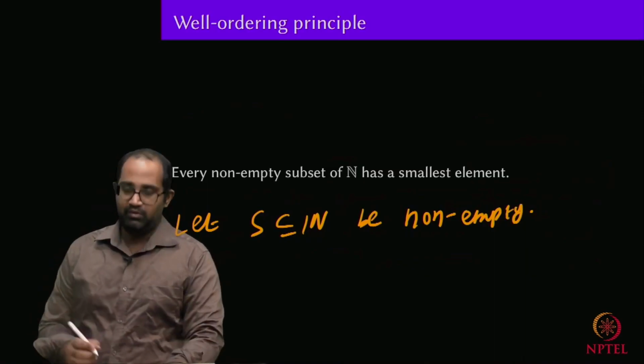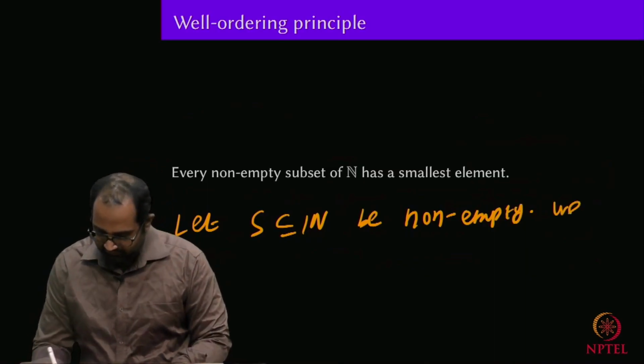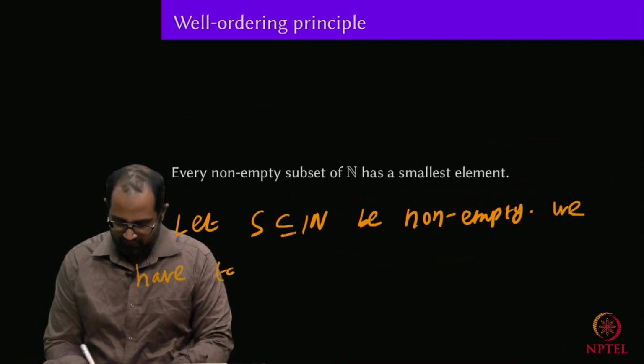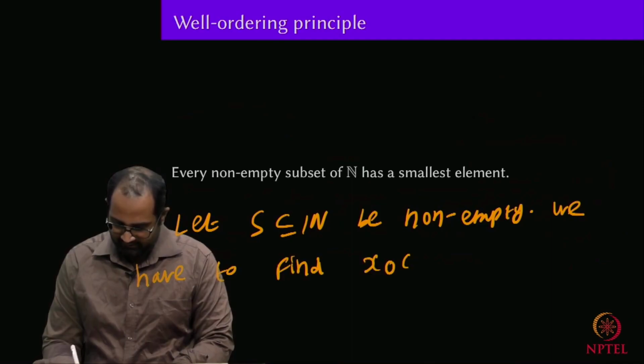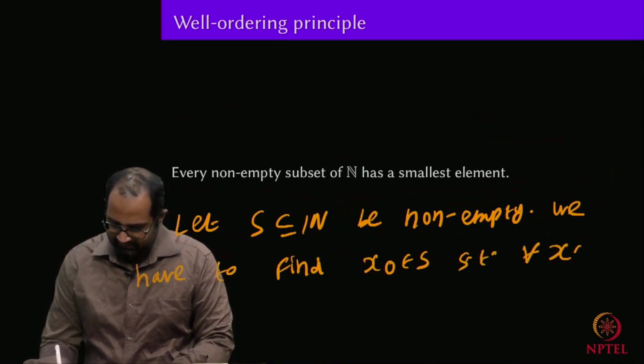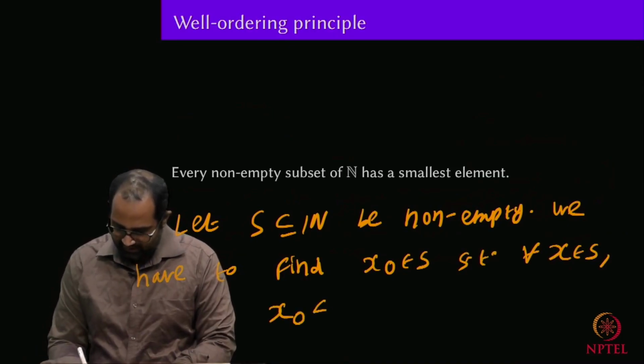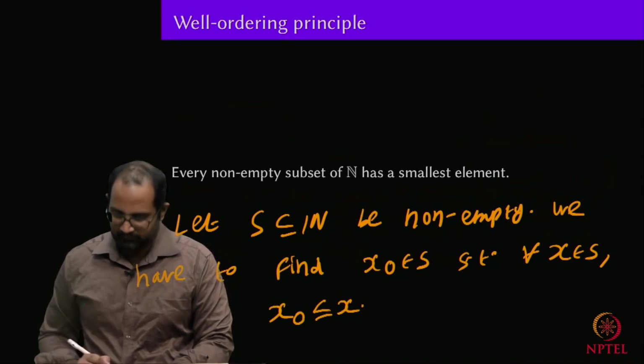What we really have to do is find x naught in S such that for all x in S, x naught is less than or equal to x.